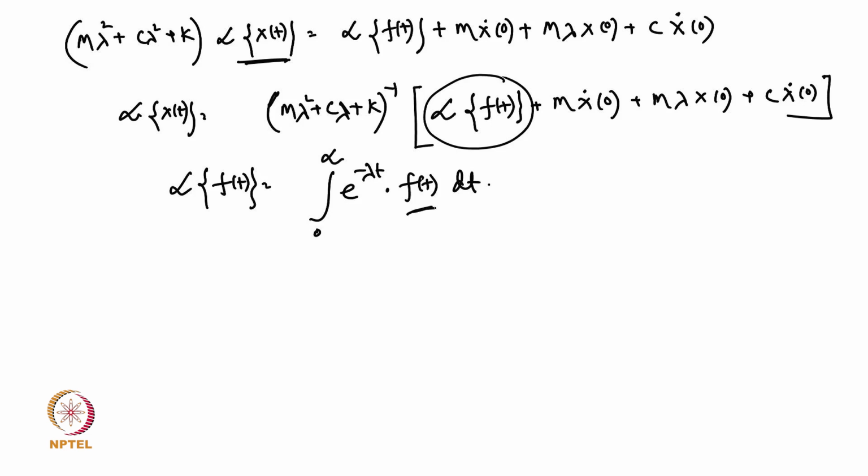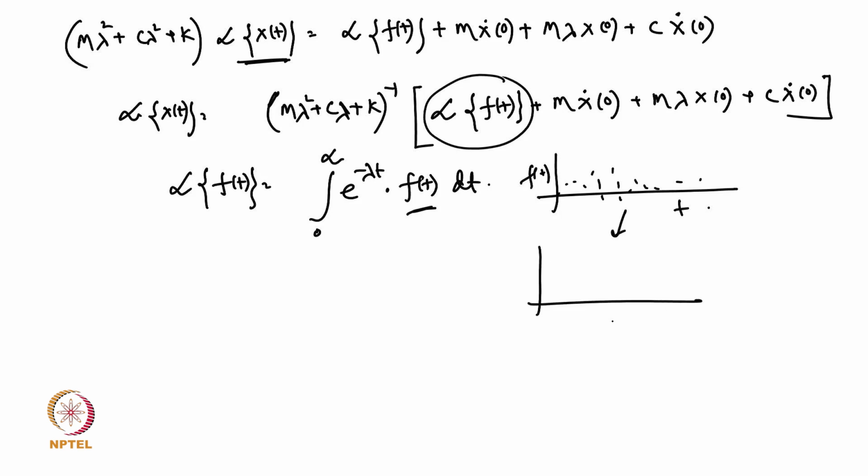You know how the forcing function f of t is over the time domain, and you can convert it into the lambda domain, so you will get that spectrum. So you are able to get f of lambda from here, and these are your initial conditions. You can see the initial conditions coming here, and for a particular lambda you will get this full expression.